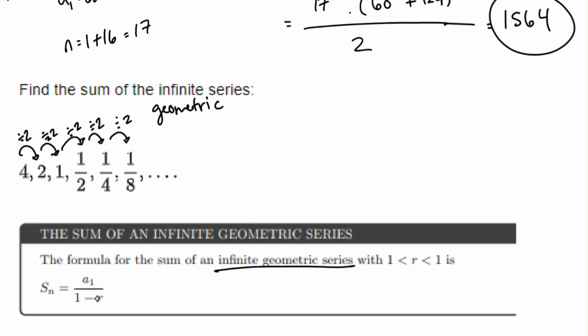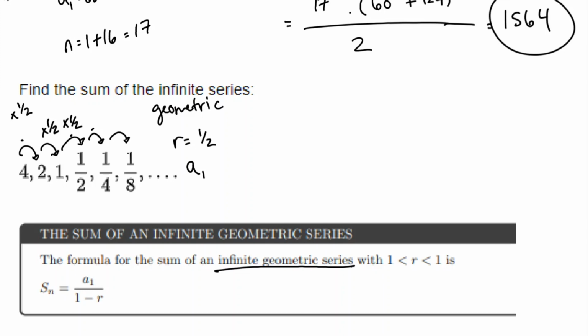Now here, the common ratio is always what you multiply by. So even though I said dividing by 2, I want to rephrase that as multiplying by 1/2. Those are the same things. Dividing by 2, multiplying by 1/2. The reason I want to rephrase this is because the common ratio is what you multiply by. So in each case, I did multiply by 1/2, so my common ratio is 1/2.